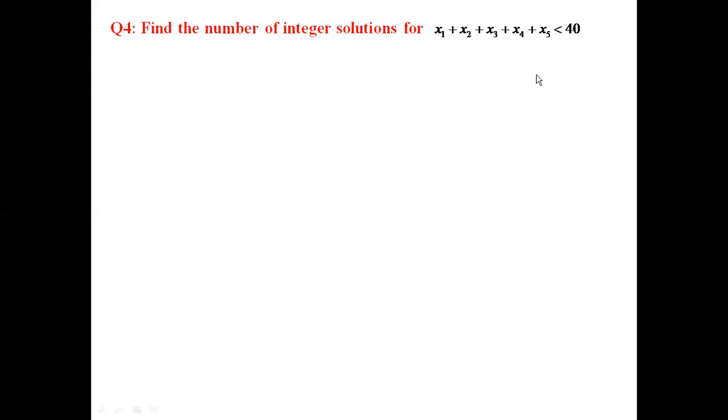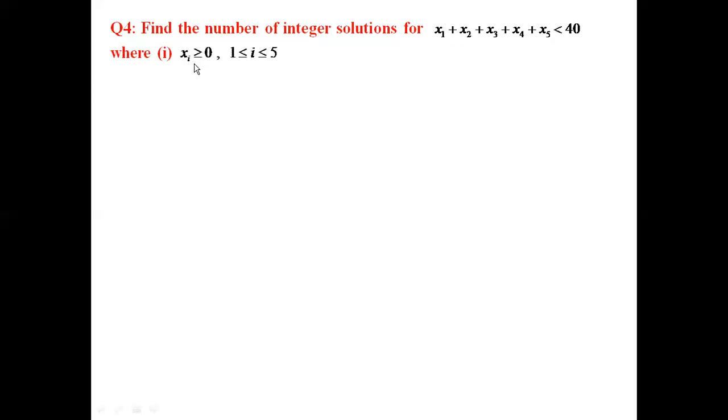Let us see another problem based on the same manner, but we have an inequality in the given question here. So we need to find the number of integer solutions for x1 plus x2 plus x3 plus x4 plus x5 is less than 40. We have an inequality symbol in the question, and the conditions are given.